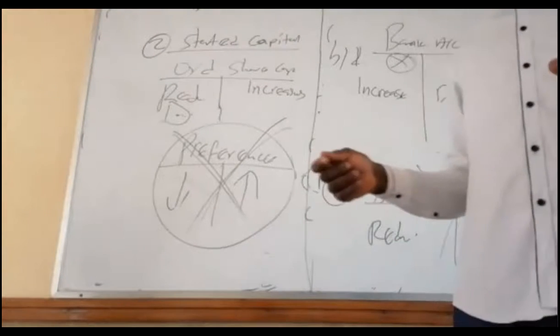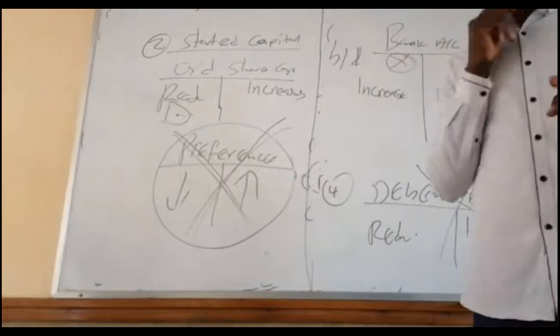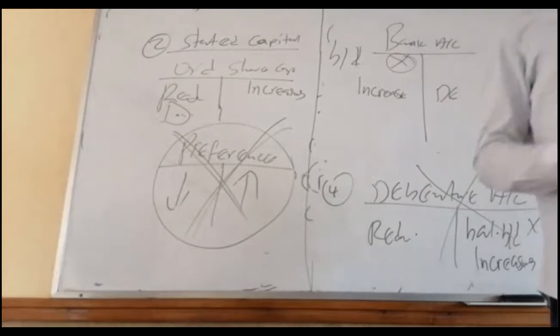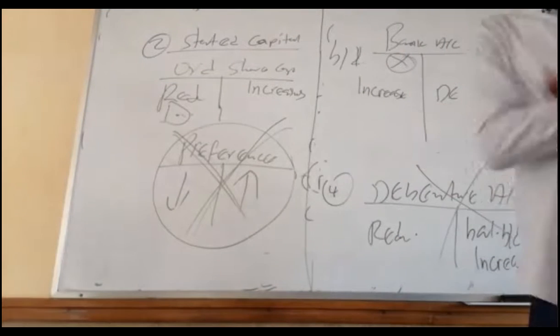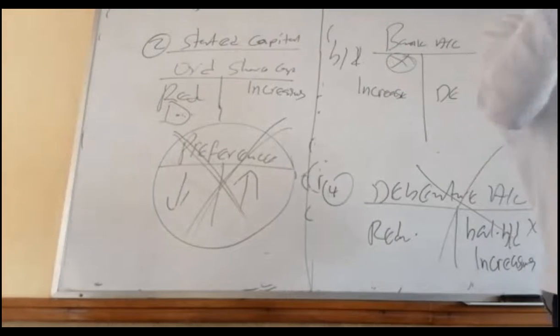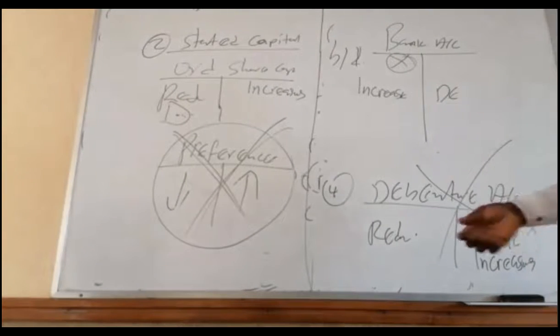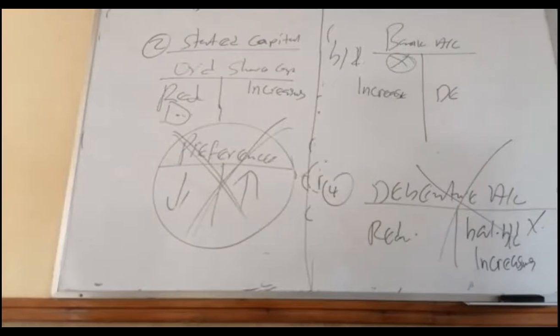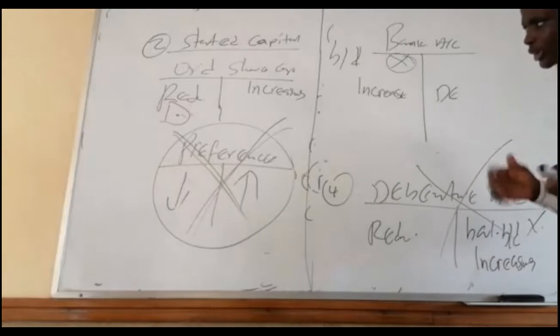Appear. Because we say a balance sheet is a sheet that contains a list of balances arranged in order. That is all. Balance sheet or financial position is just a sheet that contains a list of balances. So if the thing has no balance, there's no balancing figure. So take note. We are done.